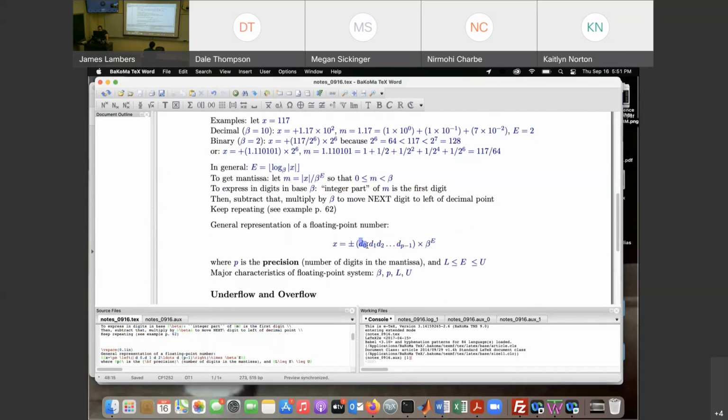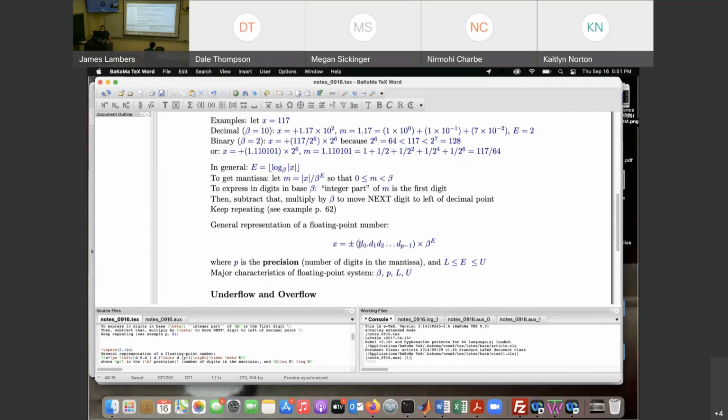And the total number of significant digits is p, numbered from 0 to p minus 1. The indexing corresponds to the powers of the base that are in the denominator. So d0 is divided by the base to the 0 power, 1. And all these are divided by base to the first, base to the second, and so on.